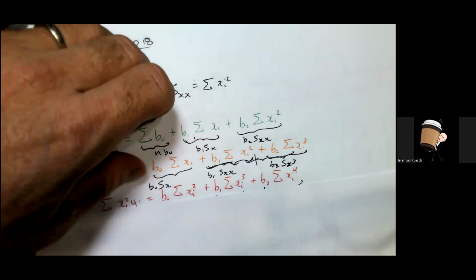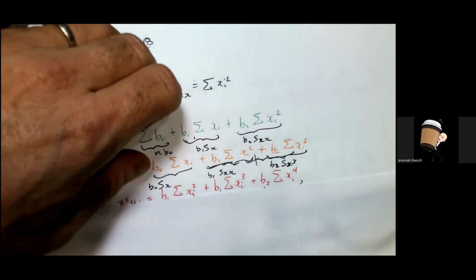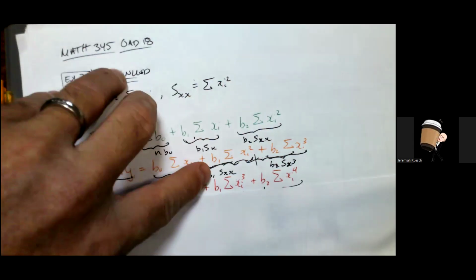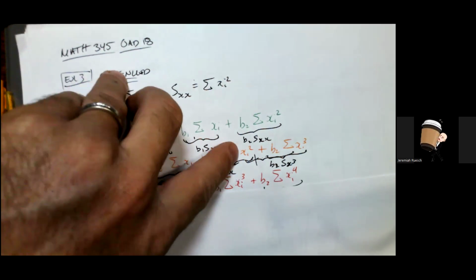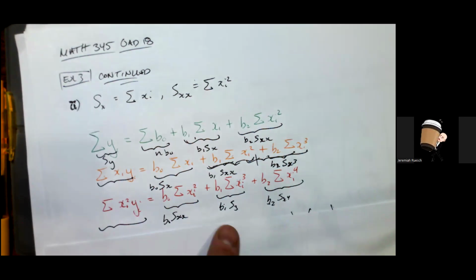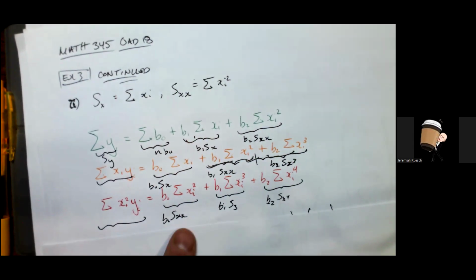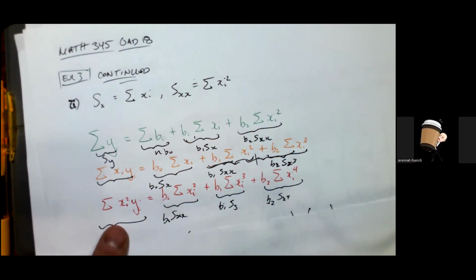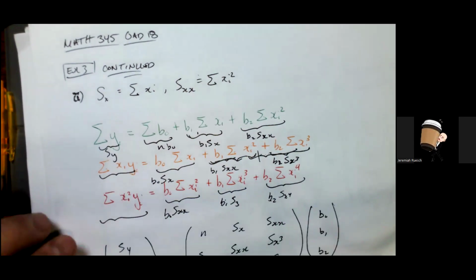I didn't write there, but you know what this is. This is the Sxy, b naught Sx, b1 Sxx, and b2 Sxxx. So we have an x to the fourth, an x cubed. I think I forgot the x there. And then Sx, and then of course this is the x squared y, so Sxxy.